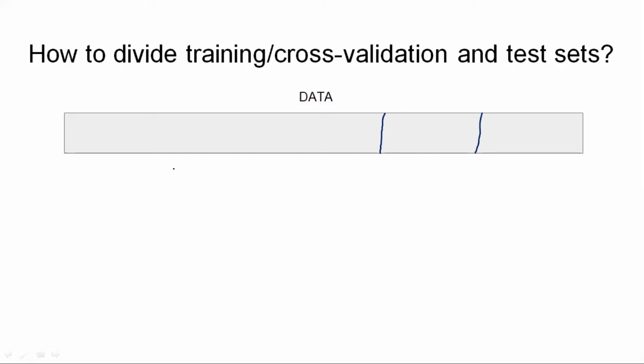I'll write here that this is the whole data set and this is the training data set. This is the training data, and this is the cross validation, which we call hold out cross validation, or we often call this part the development set.